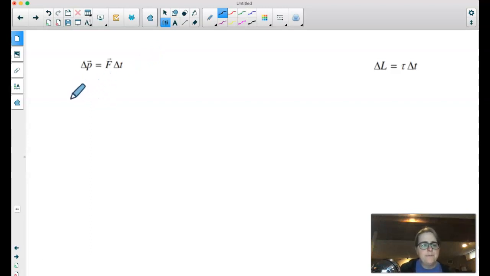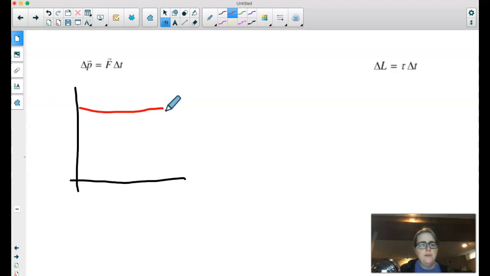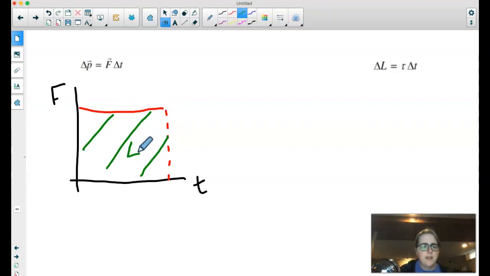Now, we also ended up using some graphs. We figured out that if you do a force versus time graph, and I should label my axes, if you have a constant force on a force versus time graph, that area is force times time. And so the area of a force-time graph is going to be the change in momentum.